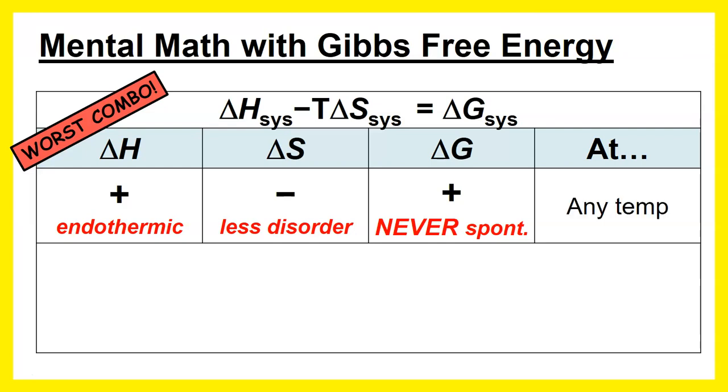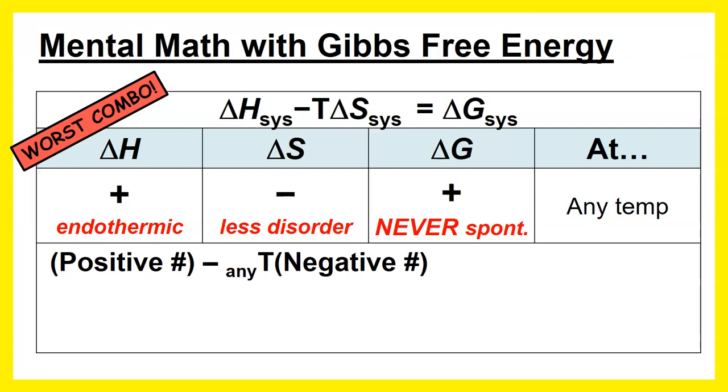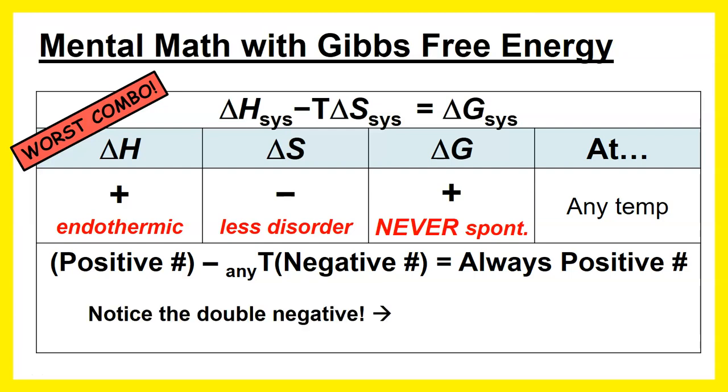Doesn't matter what temperature you're at. If you have a positive number and you are subtracting a negative, no matter what temperature you're at, you are always going to end up with a positive delta G. You will always end up with a positive, non-spontaneous reaction. That double negative right there is the key.